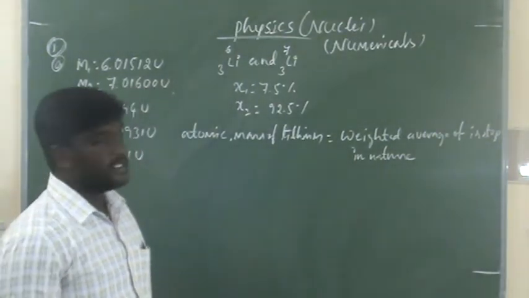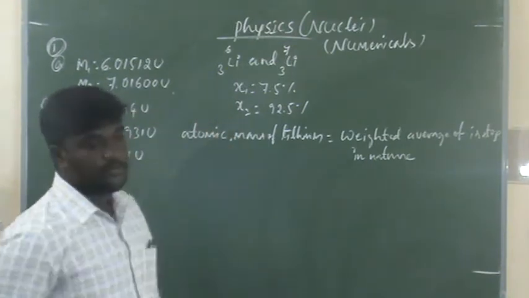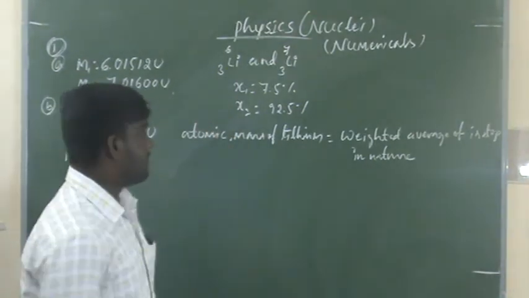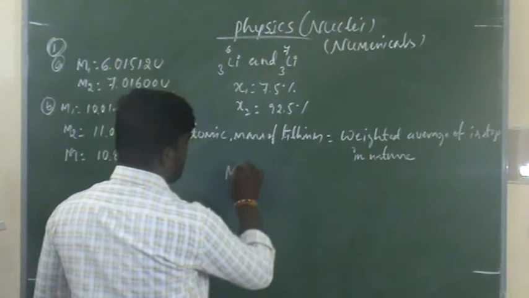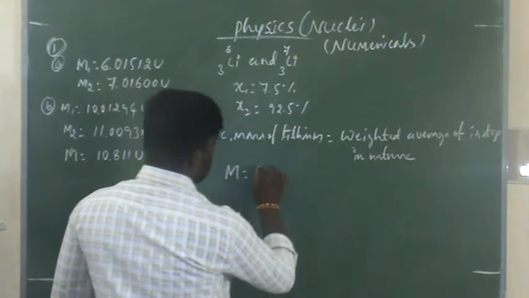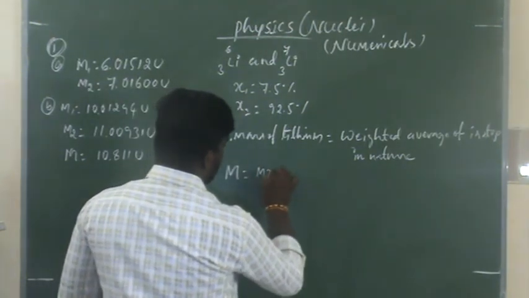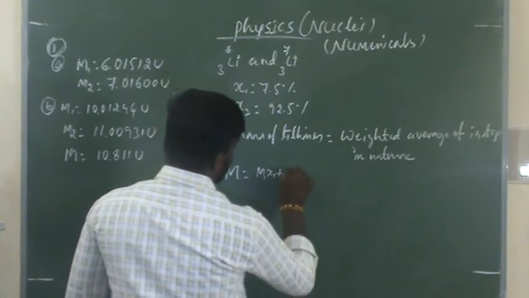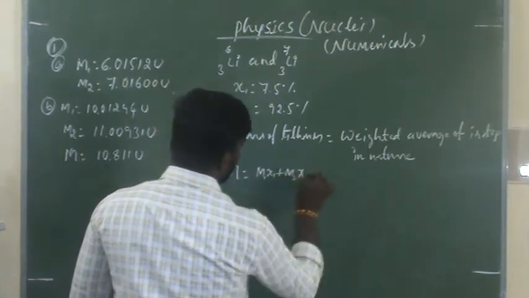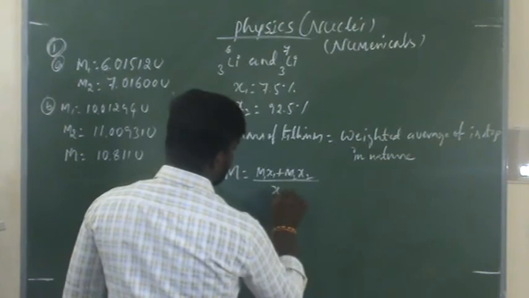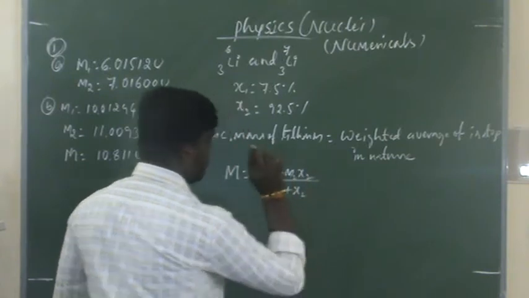Weighted average means the mass with abundance. The formula: atomic mass of lithium equals m1 x1 plus m2 x2 divided by x1 plus x2.